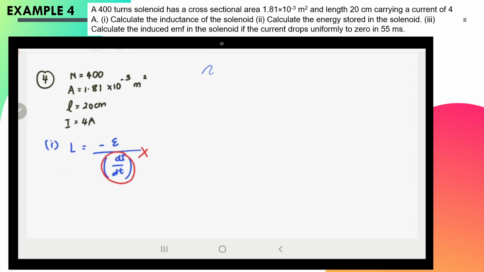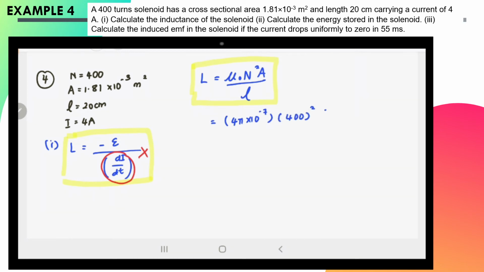So let's try another one, where L is equal to mu naught N squared A over l. Remember for self-inductance, we have two equations, right? But we can use the second one since we have mu naught as 4 pi exponent negative 7, the number of turns is given as 400, the area is also given, and the length is 20 centimeter.